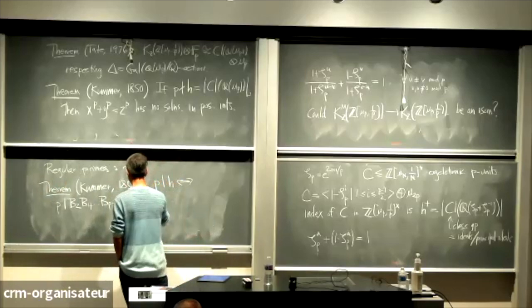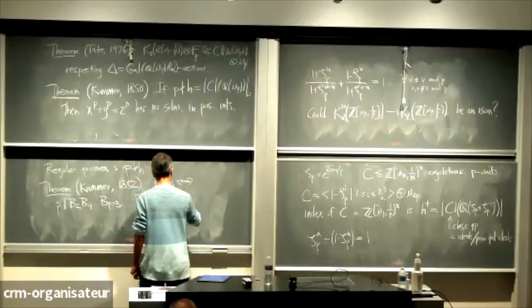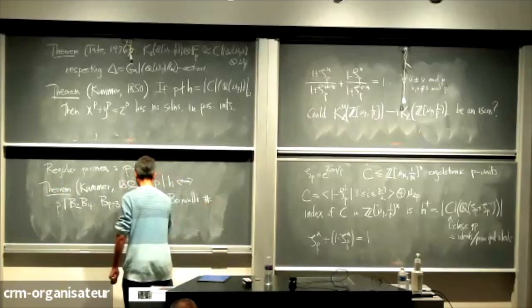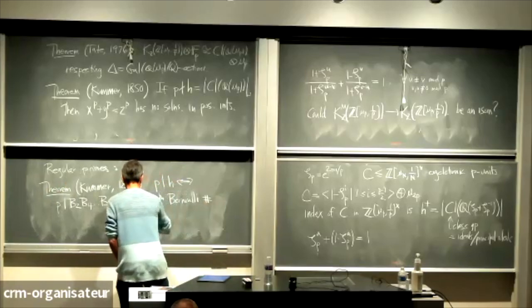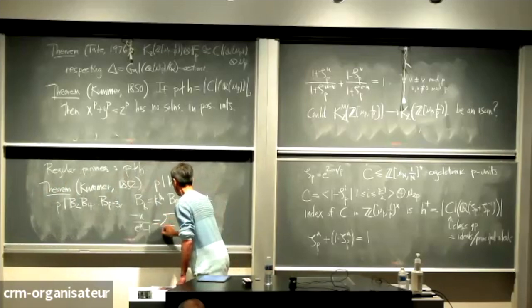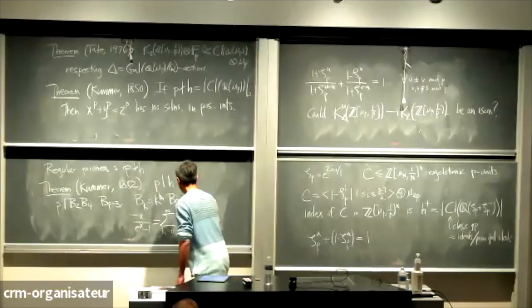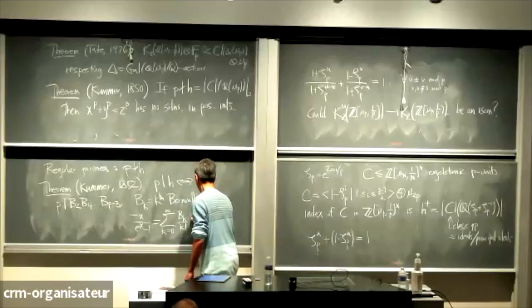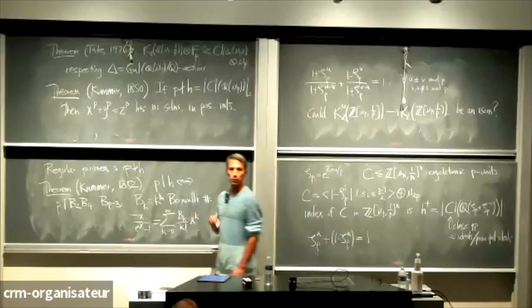So B_k equals the kth Bernoulli number, which is given by the expansion of x over e^x minus 1. It's the kth derivative of x over e^x minus 1 at 0. In other words, if I write it like the Taylor expansion, I have b_k, some rational number, over k factorial, and then x^k. That's the kth Bernoulli number.